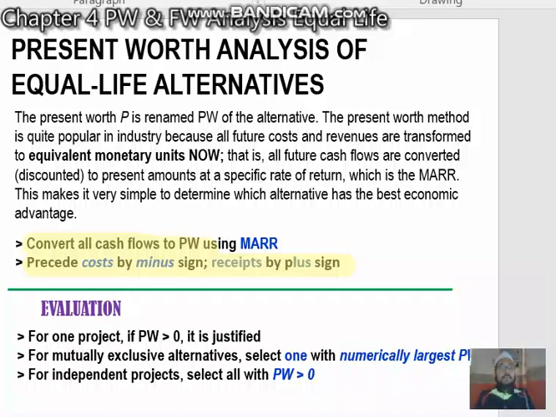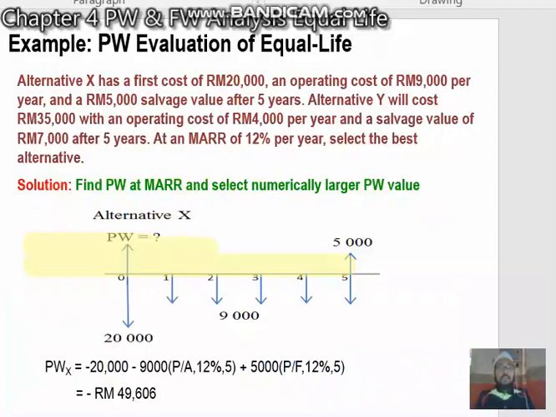Okay. So we look at one example to discuss this PW analysis. Here we have two alternatives, alternative X and alternative Y. Alternative X has a first cost of 20,000, operating cost of 9,000 per year and 5,000 salvage value after 5 years.